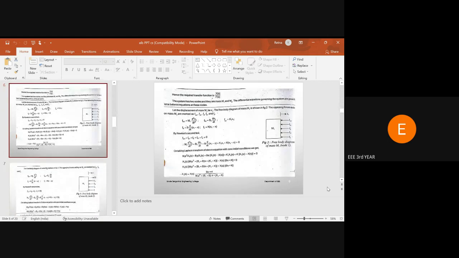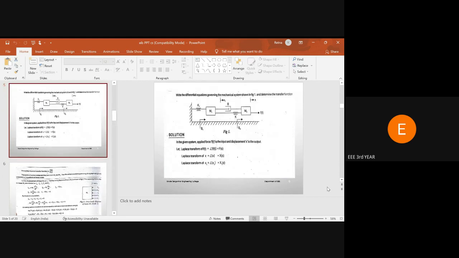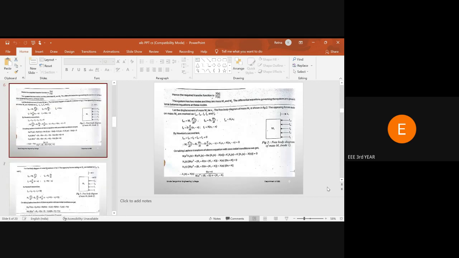So the formula: in this mass there is no applied force, so applied force equal to zero. By Newton's second law, applied force equal to opposing force. In this mass, applied force equal to zero. Opposing forces are Fm1 plus Fb1 plus Fb plus Fk1 plus Fk. So apply the opposing force formulas.